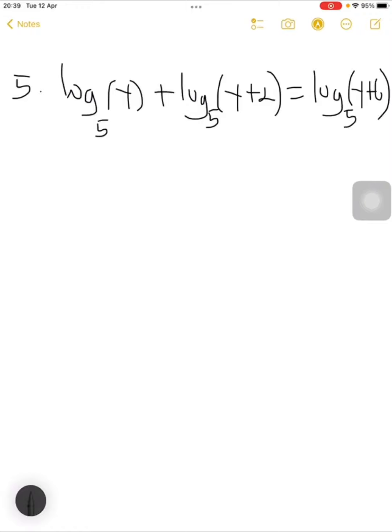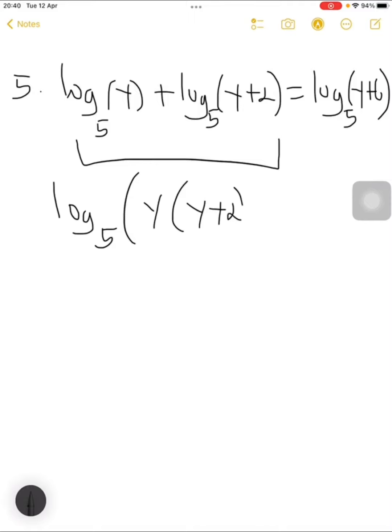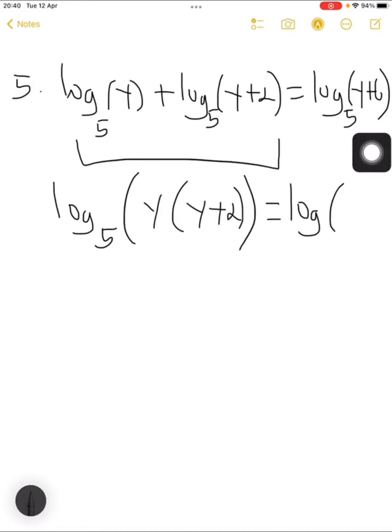All right, so directly we just apply the product rule for these two terms because it's the same log base 5, and we have y multiplied by y plus 2, which is equal to log of y plus 6 base 5, right?